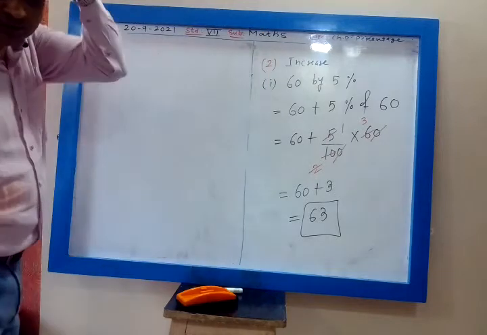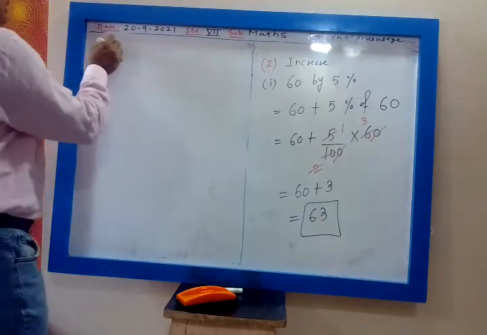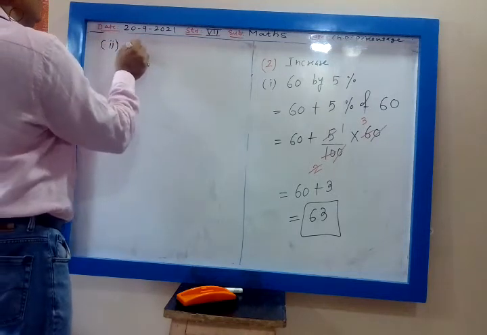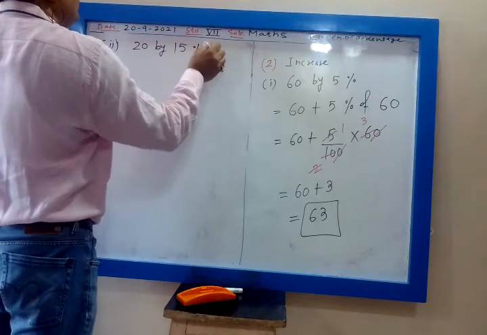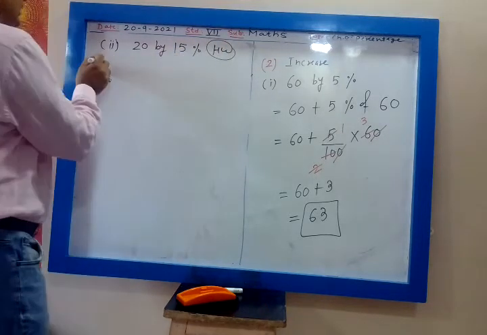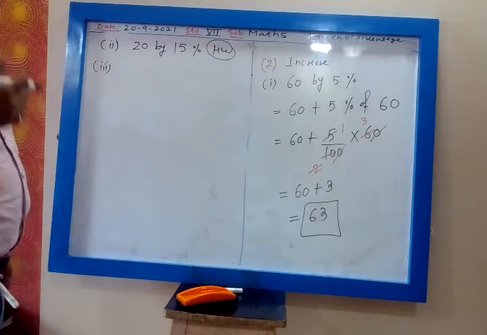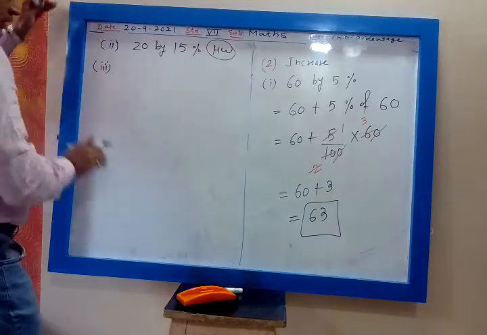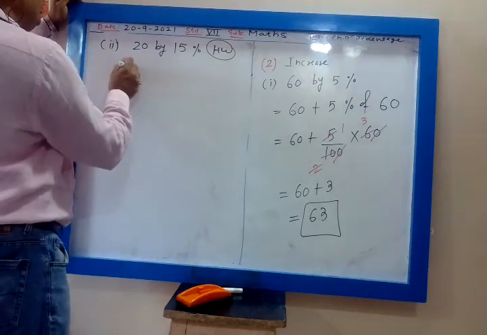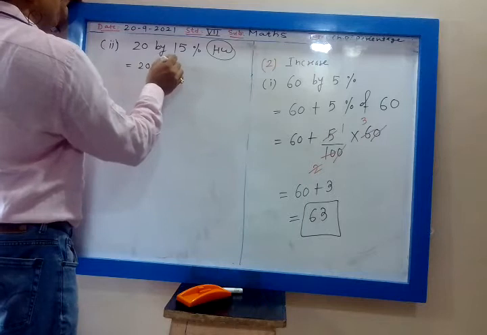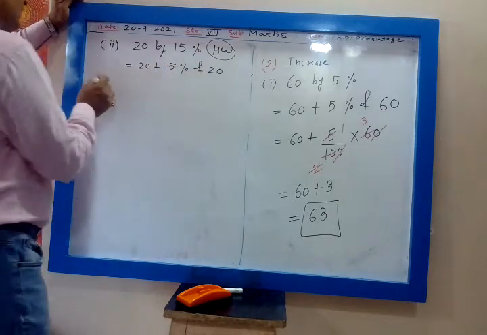Okay, this will be homework. Now the third one. Okay, let me write one more. This will be 20 plus 15% of 20. Then the rest of the part you can do.